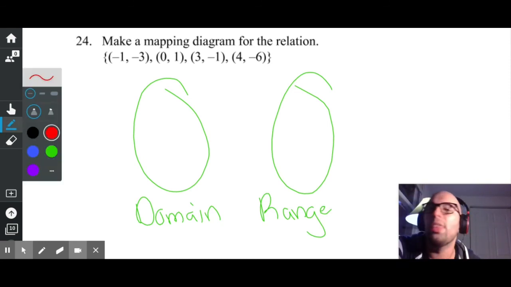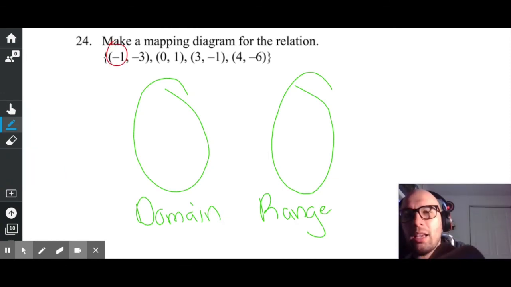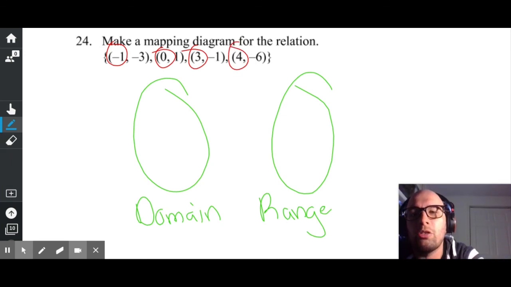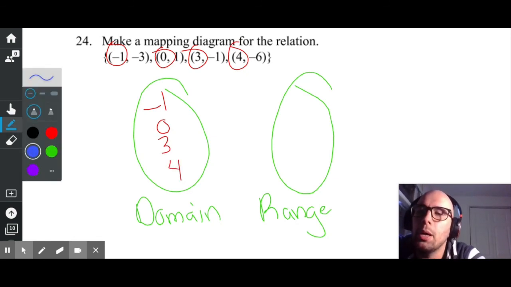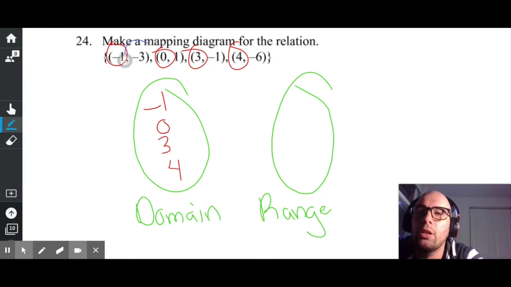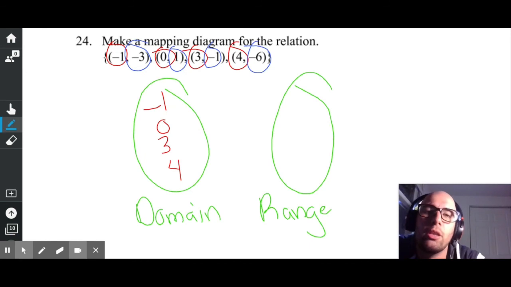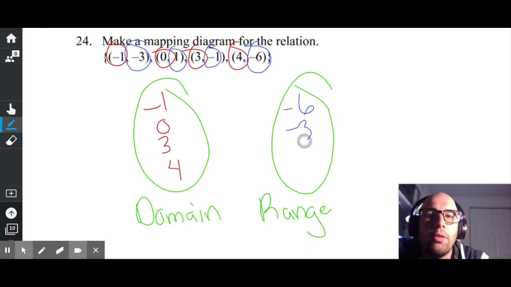My domain are my x values, -1, 0, 3, 4, least to greatest. So it's already in order. -1, 0, 3, 4. My range is -3, 1, -1, -6. So putting that in order would be -6, -3, -1, 1.